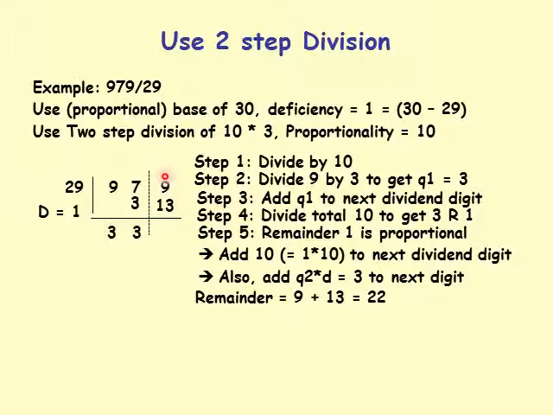Remember that we told you before that we don't further subdivide the remainder. So this remainder we don't divide anymore. So 9 plus 13 is 22. Remainder is 22. So what do we got? 979 divided by 29 is 33 right here, remainder 22 right here.